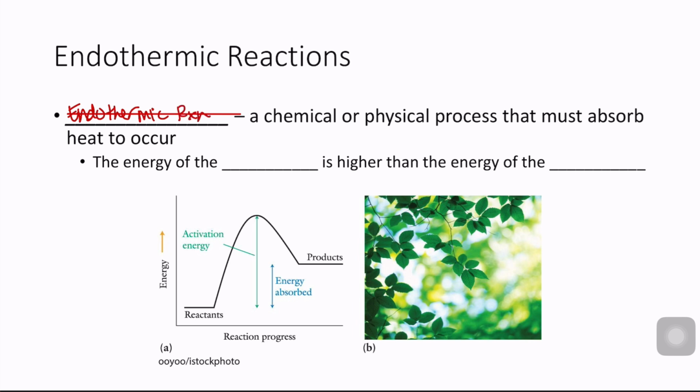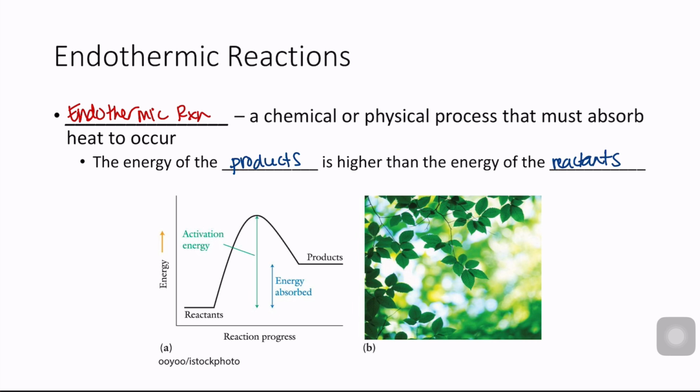So an endothermic reaction is where energy must be absorbed in order for the reaction to take place. So in this case, the energy of the products is higher than the energy of the reactants.